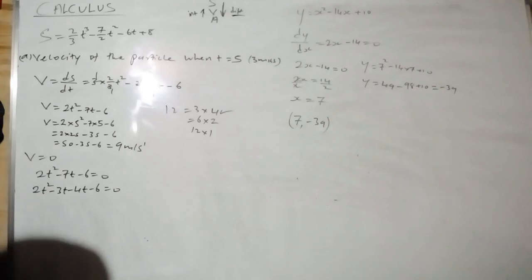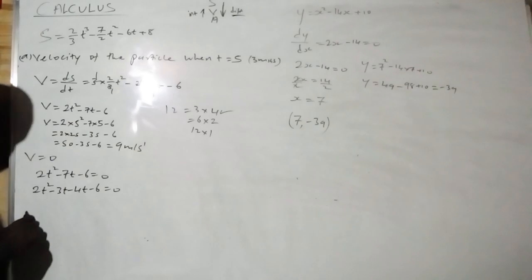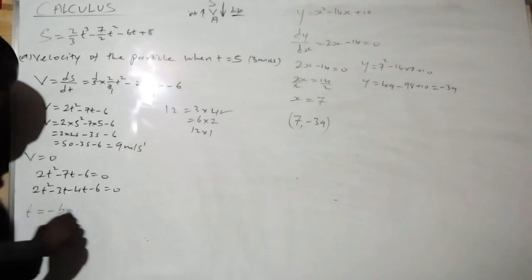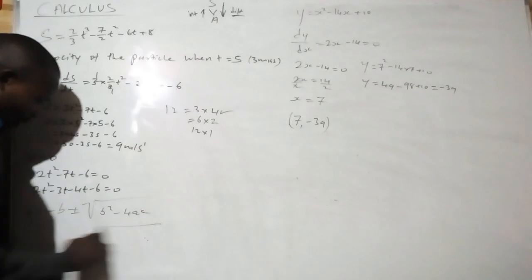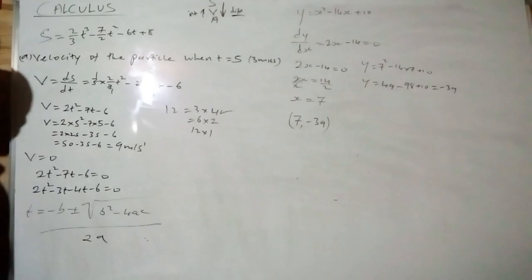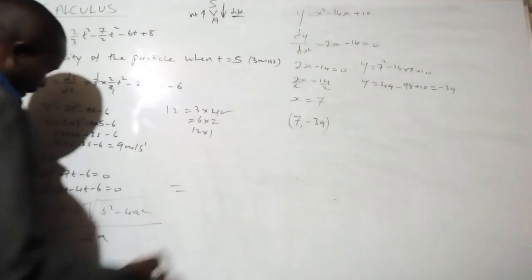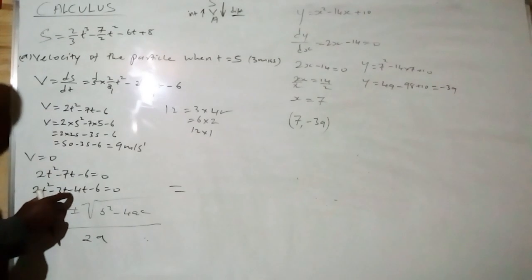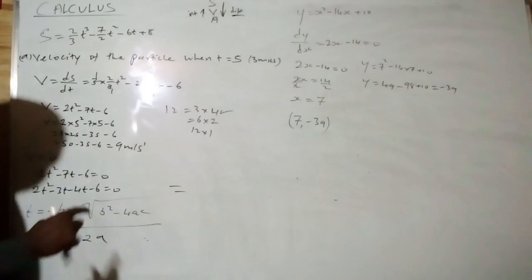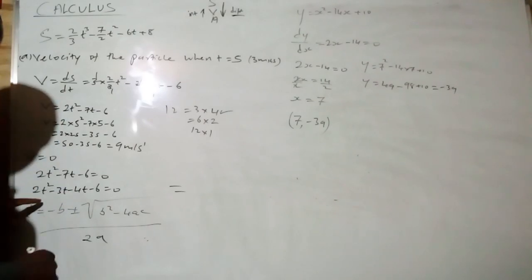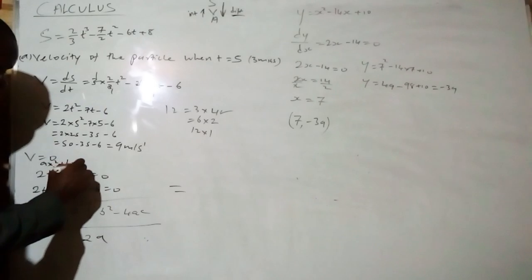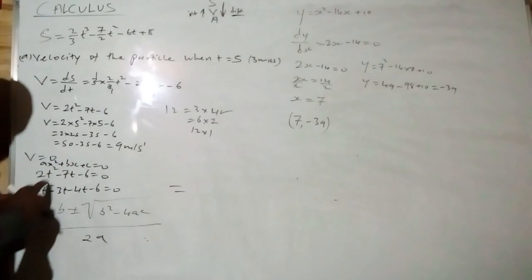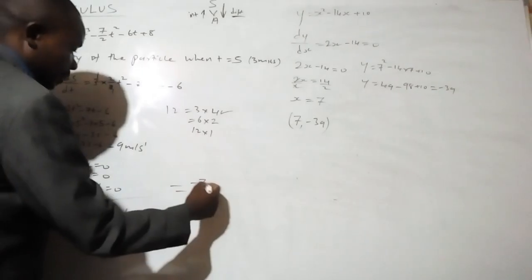Okay, we can as well use this equation. t is equal to negative b plus or minus root of b squared minus 4ac, all over 2a. So that we can have, this will be ax squared plus bx plus c is equal to 0. b will be negative 7 plus or minus root of b squared.